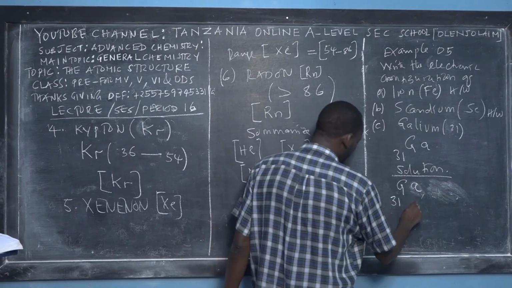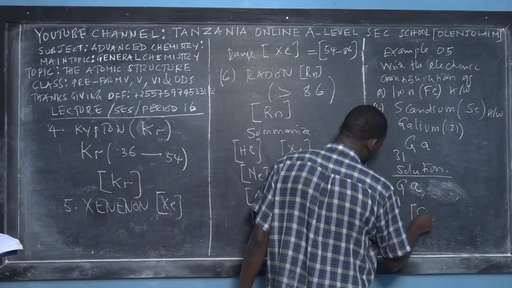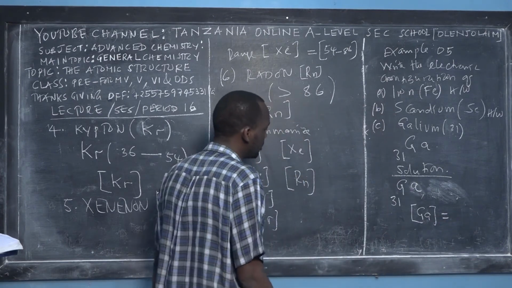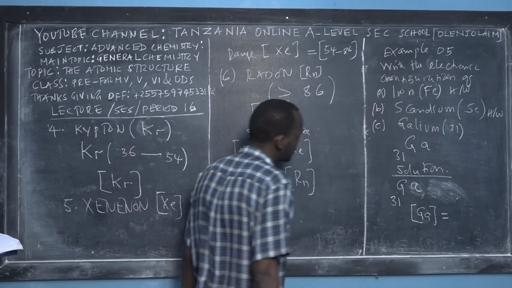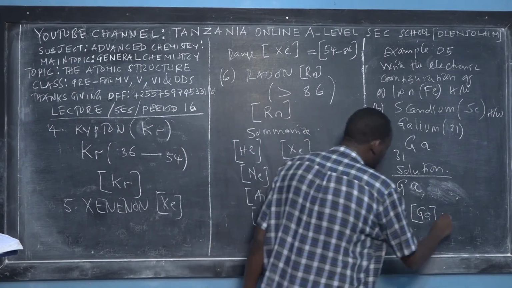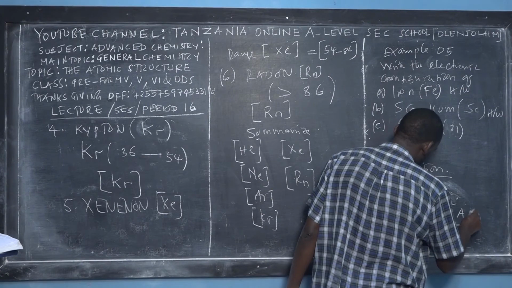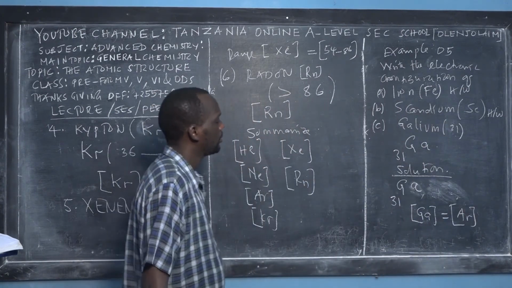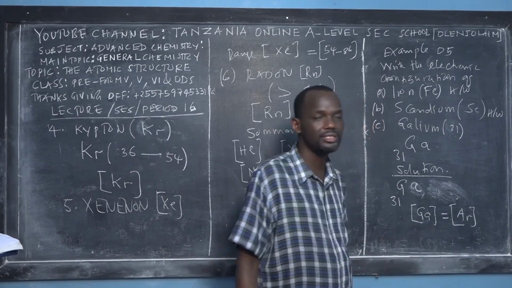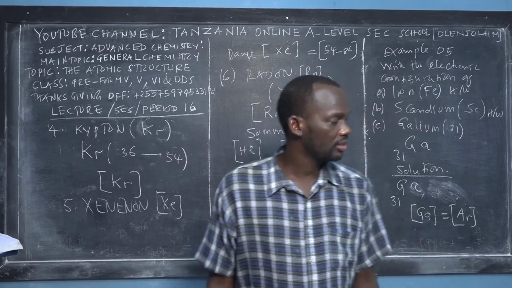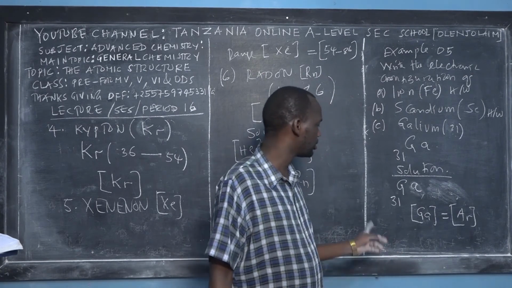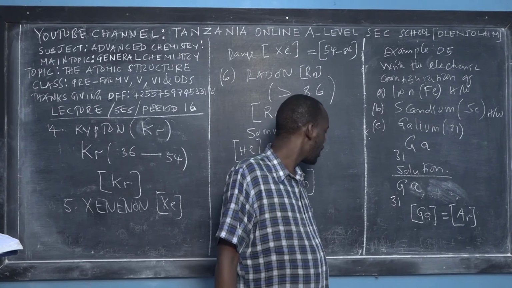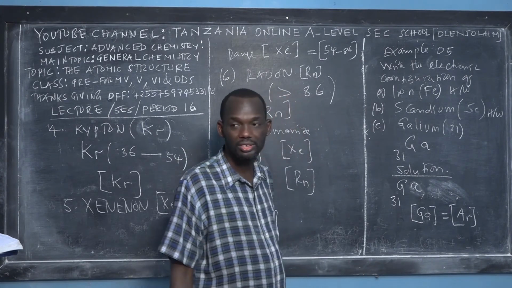So you say that the electronic configuration of gallium is equal to argon first, then what remains? Argon has 18. 31 minus 18 is 13.